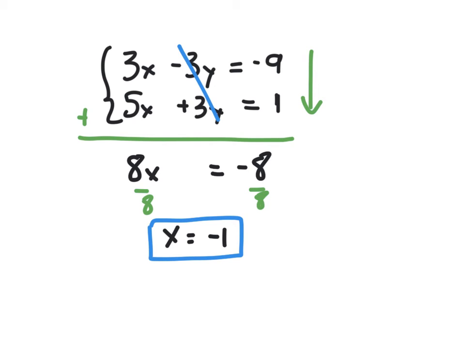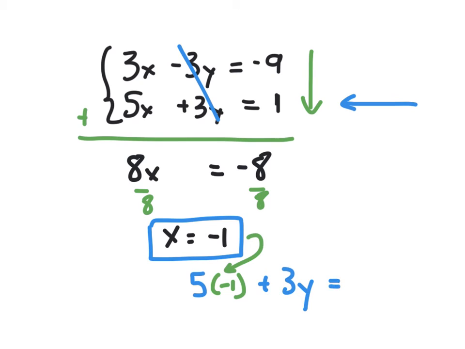And my rule of thumb is if I can find an equation that has all positive numbers, I usually pick that one. So in this case, that's the bottom equation. It's going to be 5 times x, but instead of x, I'm going to plug in negative 1, 5 times x, plus 3y equals 1. That's the equation we need to solve.